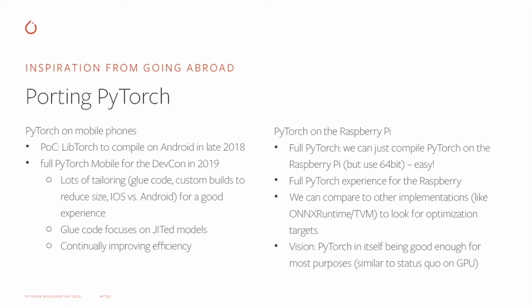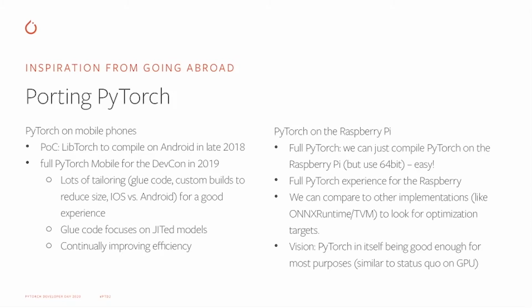This has lots of tailoring, glue code, custom builds to reduce size, and so on, and you need that for a good experience. This focuses on JIT models, and while it's running quite well, it's also still benefiting from improving efficiency on the mobile CPUs and GPUs.